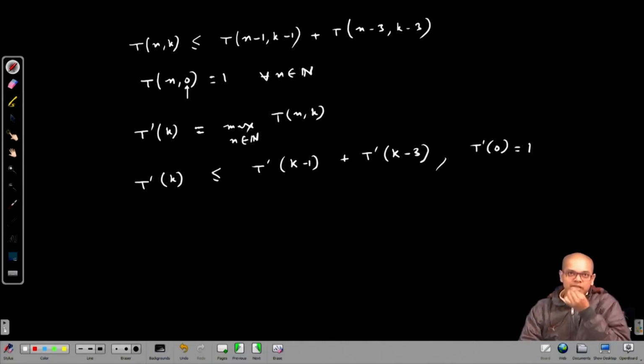Now we need to solve this recursion. There is a standard technique for this: we will guess the solution.